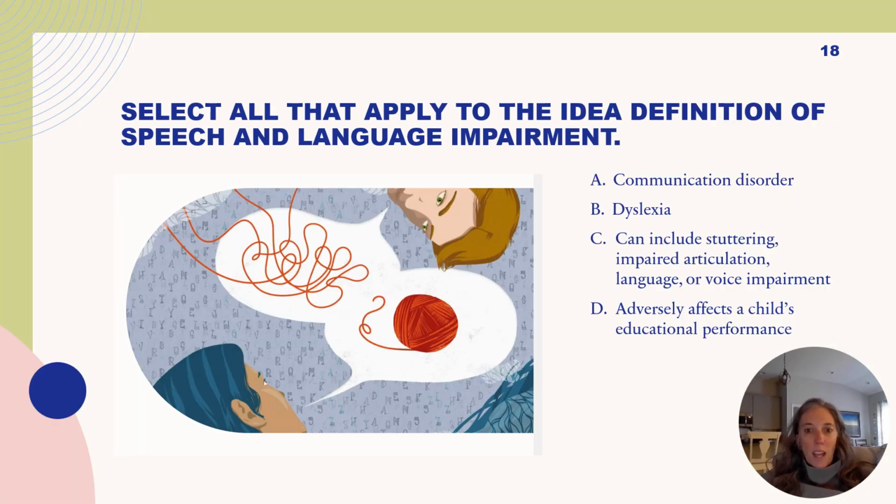Select all that apply to the IDEA definition of speech and language impairment. And I forgot to select the answer here, but the incorrect answer here is B. A, C, and D are all correct.